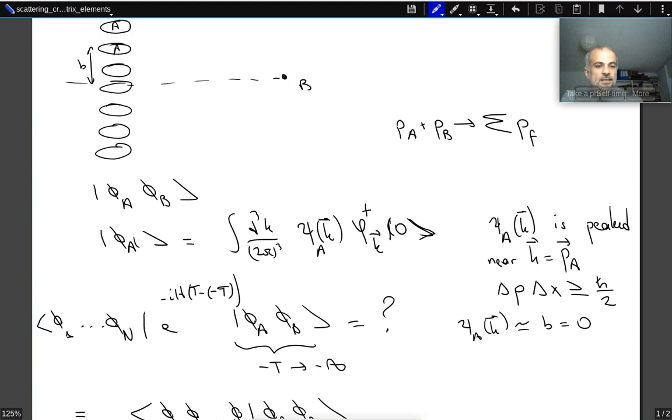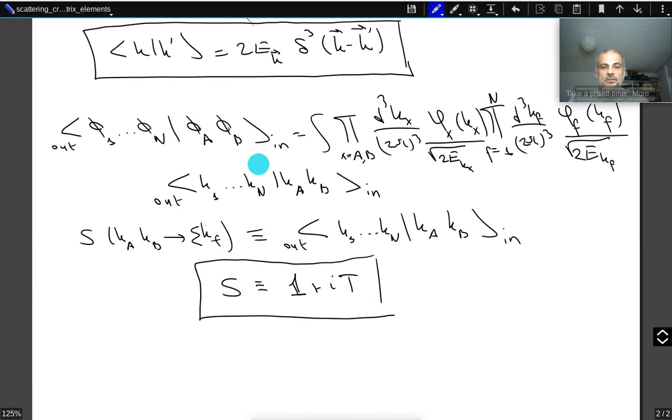So I will define this particle with an impact parameter B as the translation of this. And in order to translate this in the B direction, we just need to multiply it by e to the power i B dot k. So this wave packet describes a wave function whose momentum wave function is peaked around PA, and its position space wave function will be peaked at an impact parameter B.